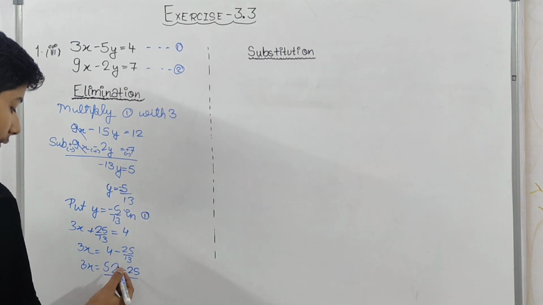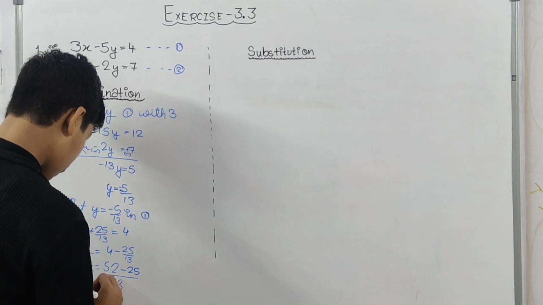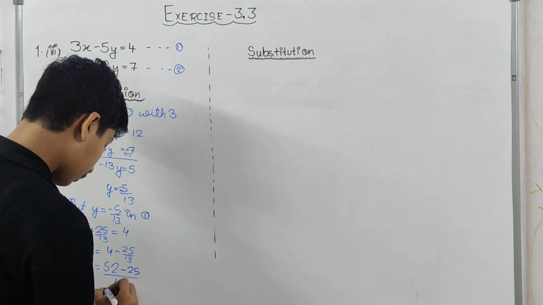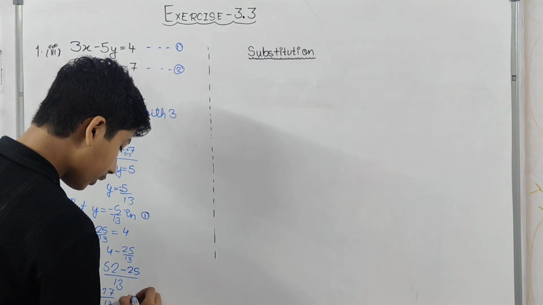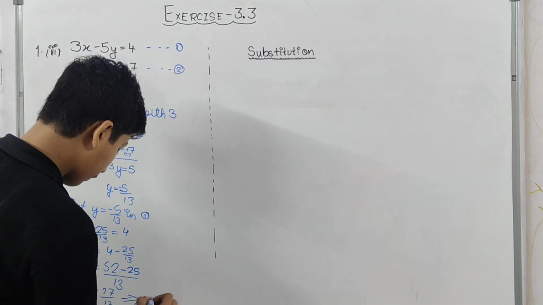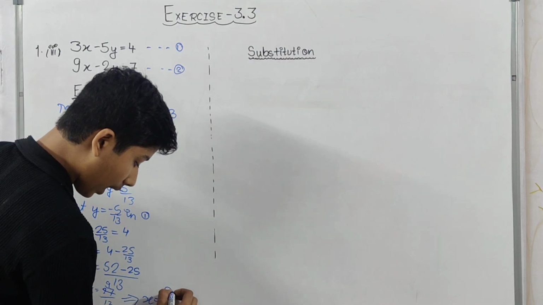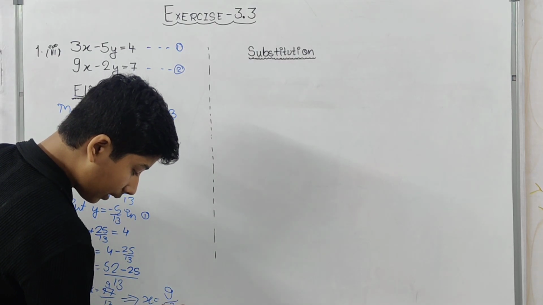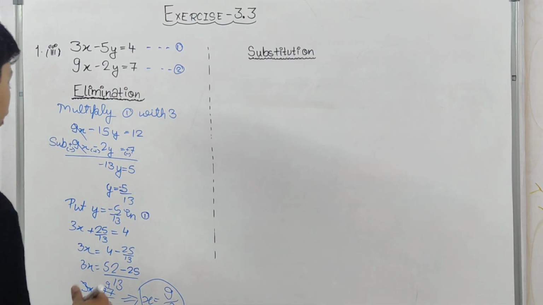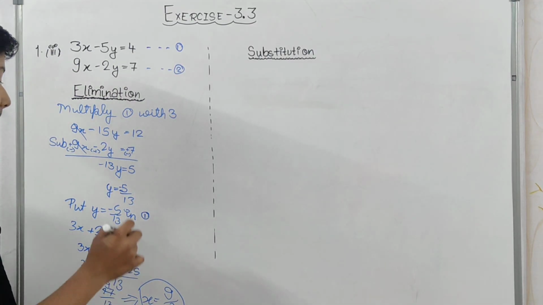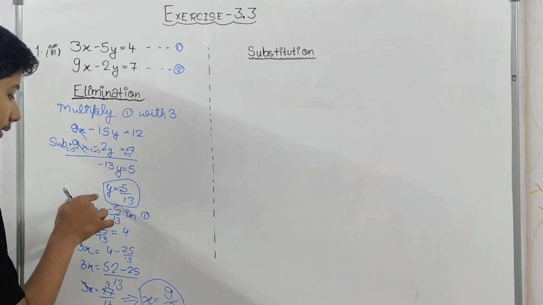So 52 minus 25 is 27. 3x equals to 27 upon 13, which means that x equals to 9 by 13. The value of x is 9 upon 13 and the value of y is minus 5 upon 13.